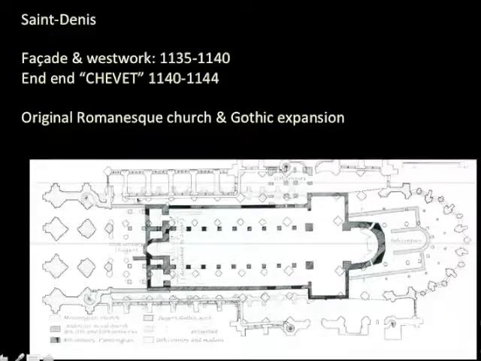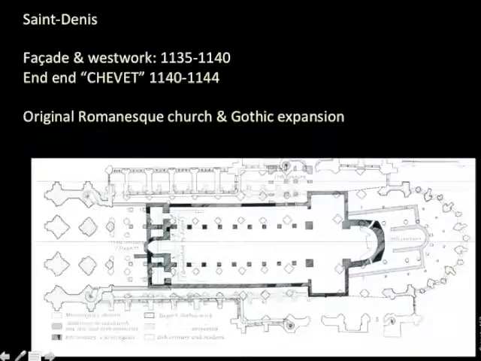You can see a kind of superposition of different conditions here. The Romanesque original church of Saint-Denis is this simple Latin cross basilica with bearing walls and heavy piers. And as it expands, it not only gets bigger, but the envelope of the building gets more and more diaphanous. And this is such a smart idea, I have to say, that in the case of the Romanesque church, all the structural work is being done parallel to the longitudinal nave.